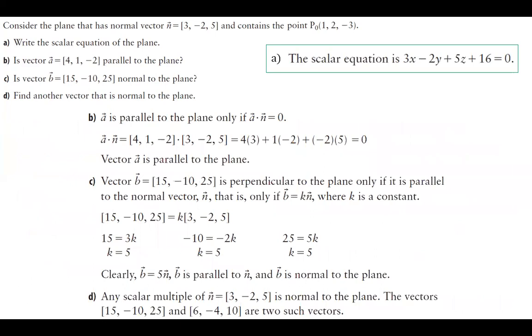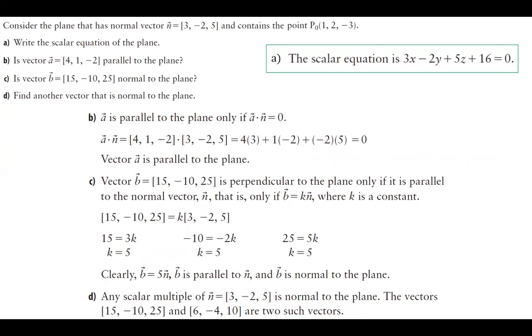So in the previous question, we have found the scalar equation, right? In the second question, we know vector A is parallel to the plane only if the dot product between vector A and the normal vector is 0, right? You understand? Dot product is 0 means the two lines are parallel, right?